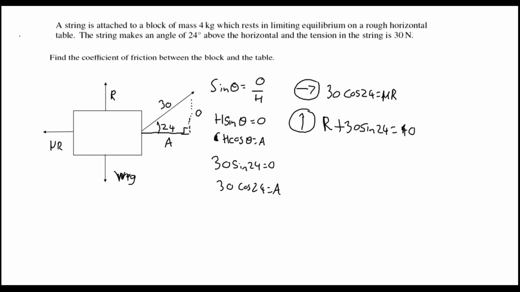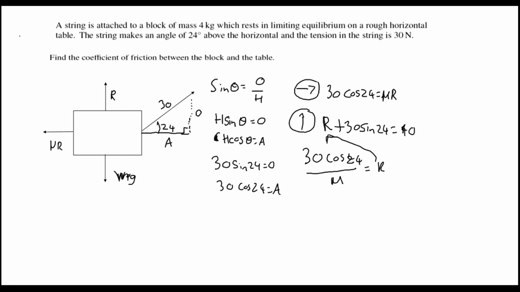Two equations, two unknowns, so we'll solve simultaneously. But in this case, it's probably easier just to substitute. So we'll say 30 cosine 24 over mu is equal to R, and then put it into here. So substitute in.